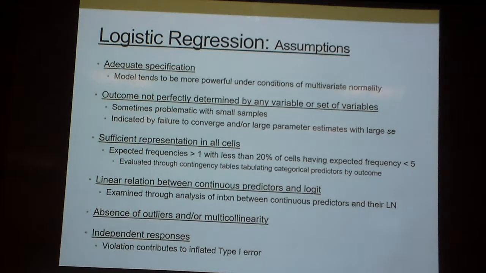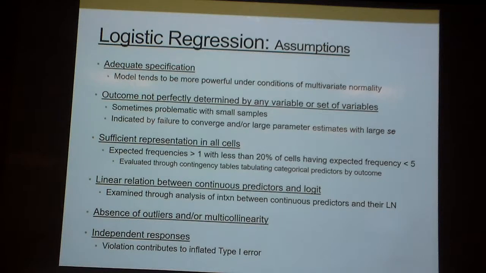What we can do to test this is, in our preliminary model, take our continuous predictors and take the natural log of our continuous predictors, create an interaction of those 2 variables, and make sure that the interaction of our continuous predictors and the natural log of our continuous predictors aren't statistically reliable, which would suggest nonlinearity in our logit.